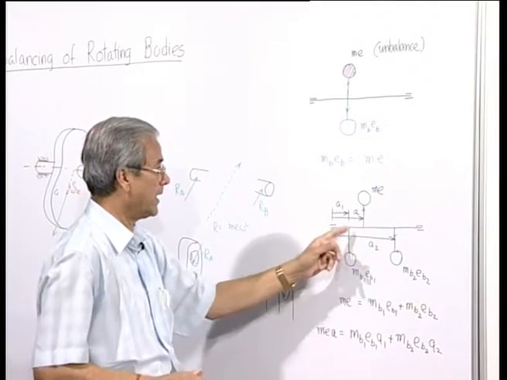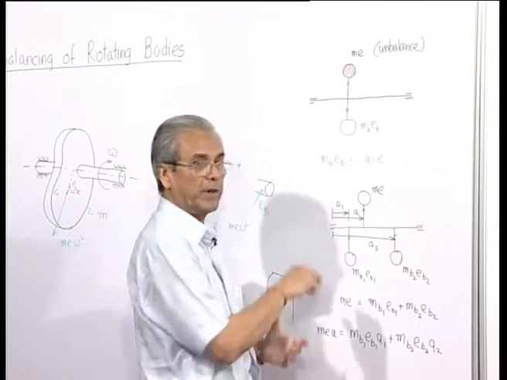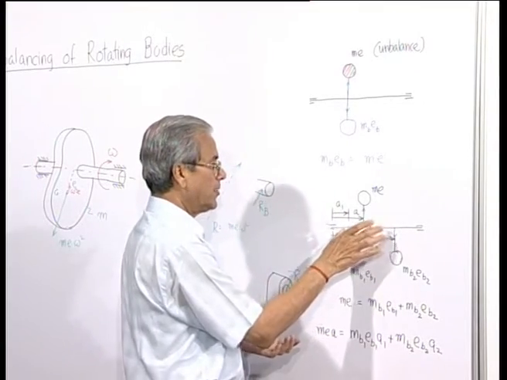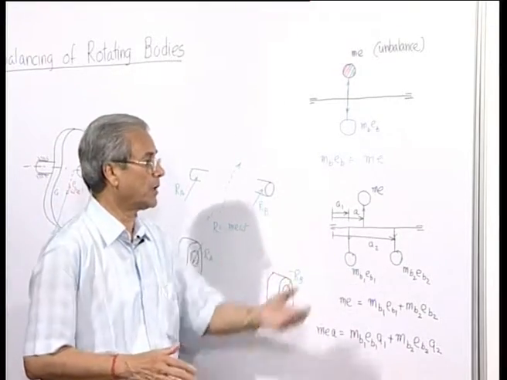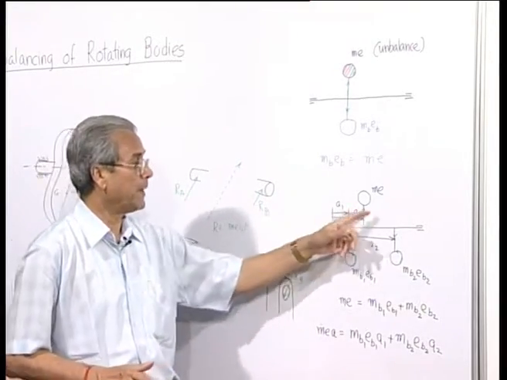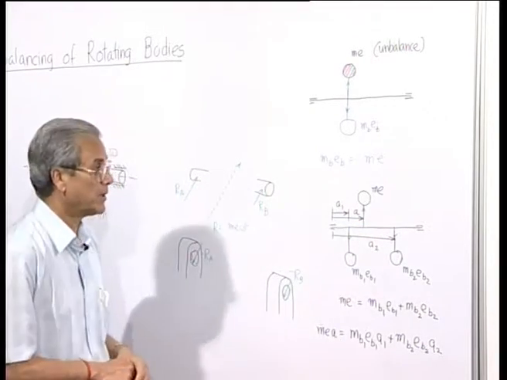On the other hand, here this portion of the shaft will be subjected to a bending moment, and therefore definitely to some stress because of the rotation. If the rotational speed is very high, this bending moment can be important for the design of the shaft.